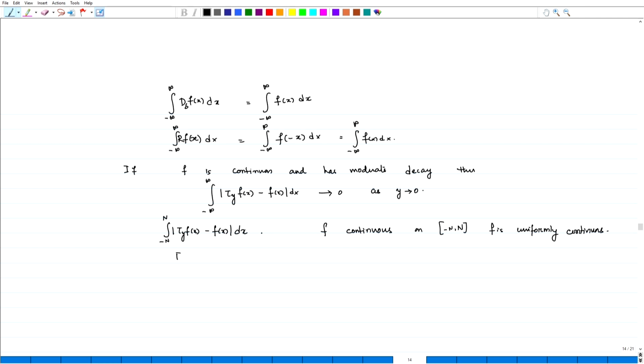Therefore, for every epsilon positive, there exists a delta which depends only on epsilon.